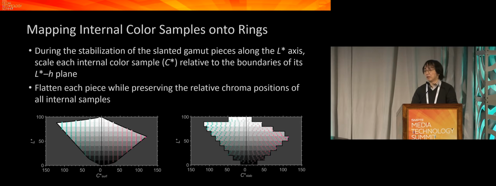This is how to map the internal color samples onto rings. After stabilization of the slanted gamut pieces along the L-star axis, scale each internal color sample's C-star relative to the boundaries of its L-star H plane, and flatten each piece while preserving the relative chroma position of all internal samples.